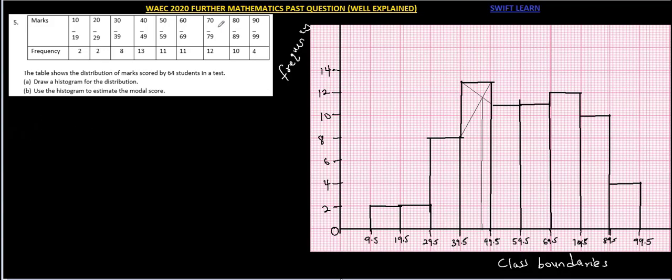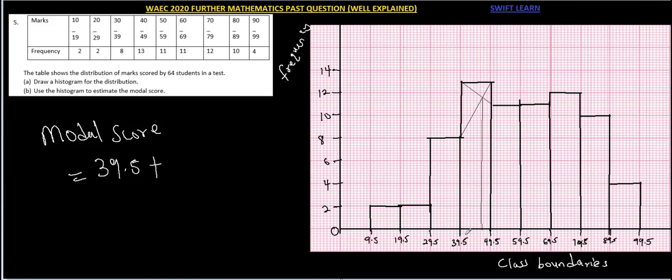Your modal score here will be equal to, as you can see, this part is 39.5, so I write 39.5. There's an addition because we have to count the number of holes we have here. If I count, I think 2 holes are left, so I have 8 additional holes. Now the question is, what does 1 hole signify?